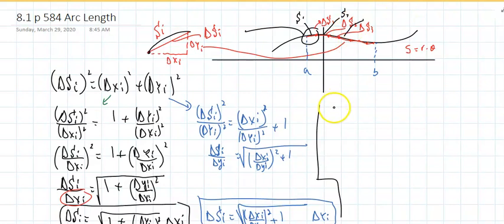So if I look at what S is going to equal, that's roughly delta S sub 1 plus delta S sub 2 plus delta S sub 3, and the list goes on all the way to delta S sub n, assuming this is the last one and this is the first one.